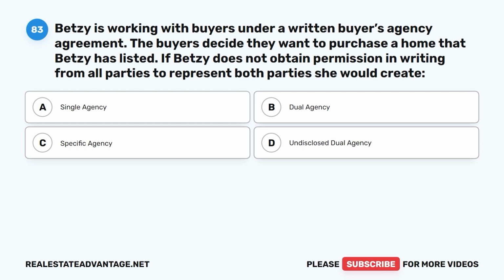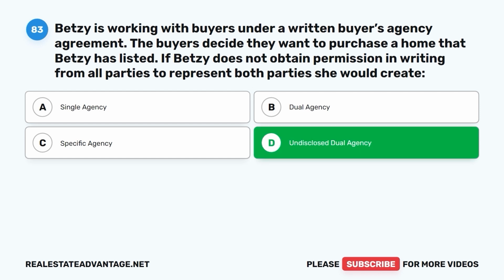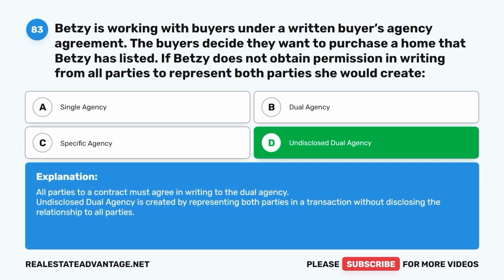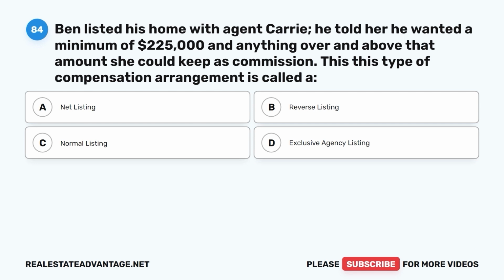The correct answer is D. Undisclosed dual agency. All parties to a contract must agree in writing to the dual agency. Undisclosed dual agency is created by representing both parties in a transaction without disclosing the relationship to all parties. Question 84.